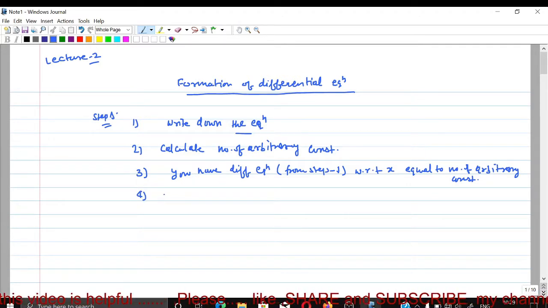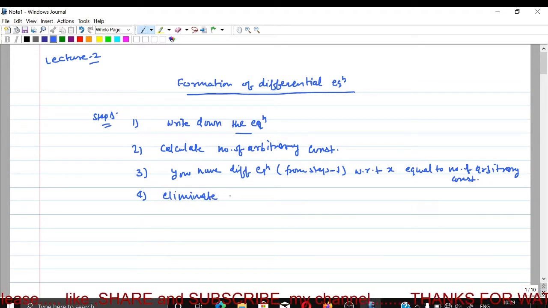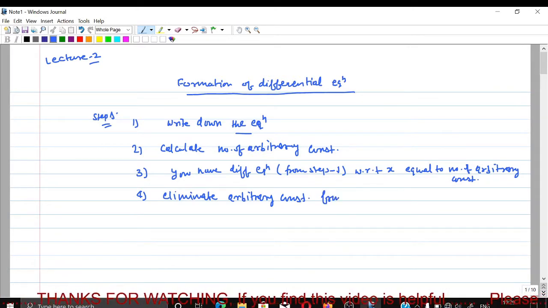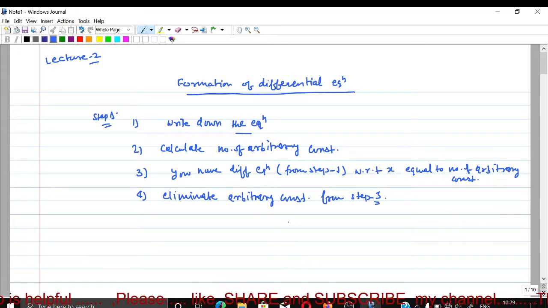After differentiating, eliminate the arbitrary constants from step 3. After successive differentiation of the equation, you get a differential equation, but it may be possible you are not able to eliminate the arbitrary constant.